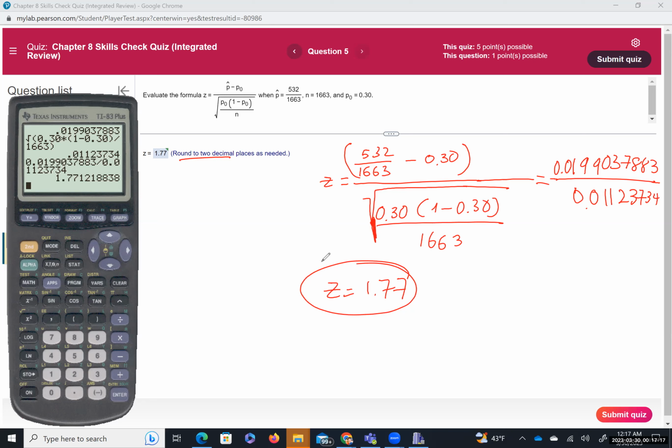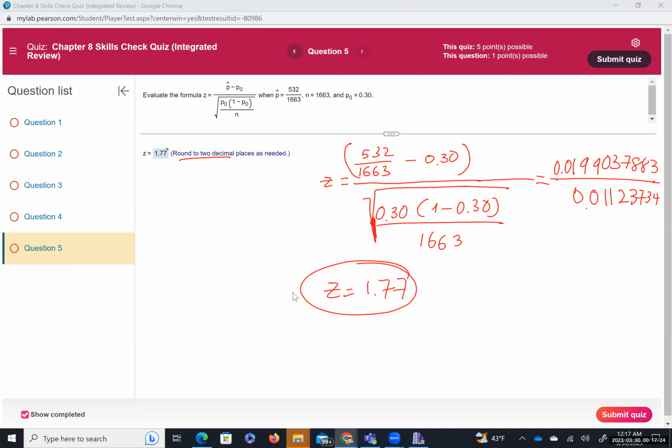So you round it here as the last step, and we have Z equal to 1.77.